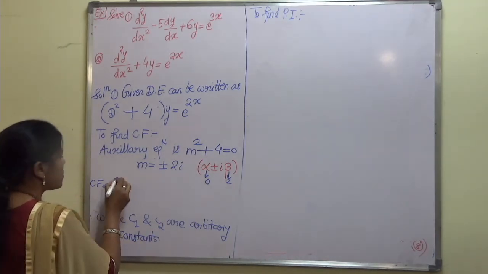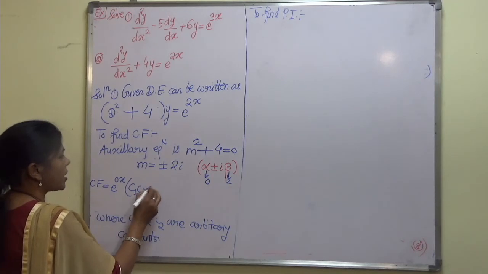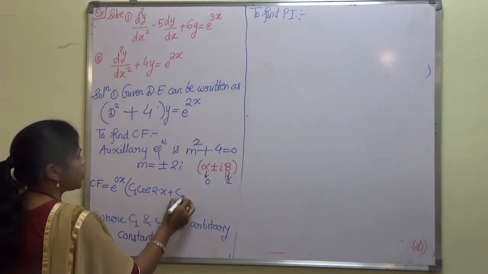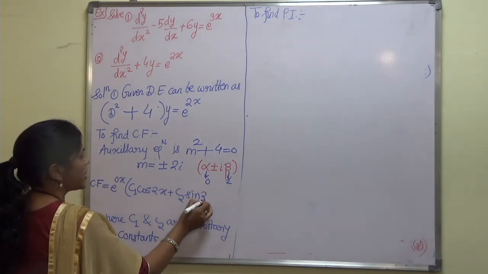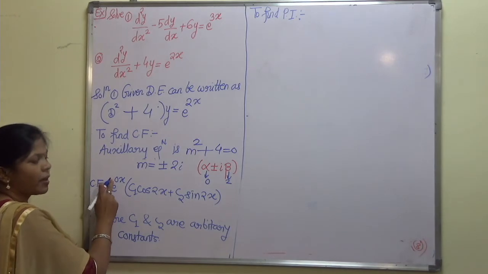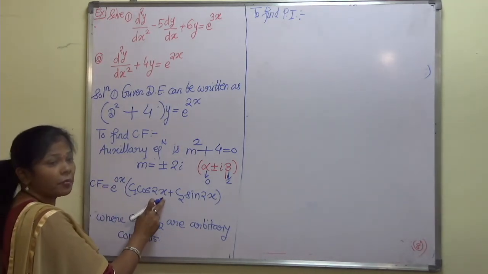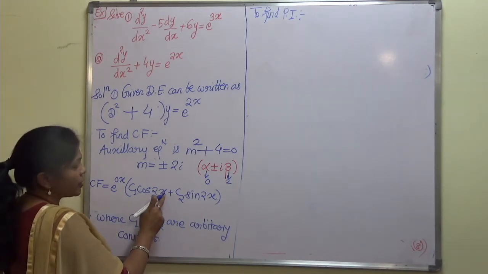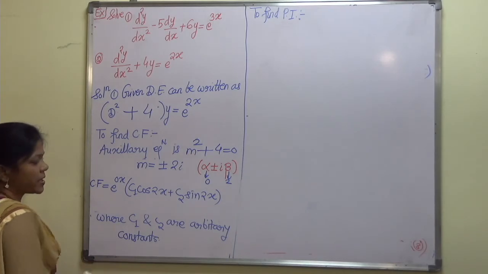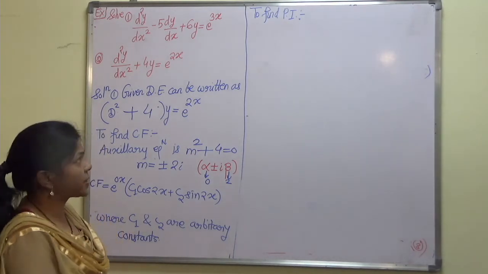Alpha is 0, so e raised to 0x, into c1 cos of beta x, beta is 2, so 2x, plus c2 sin of beta x, beta is again 2x. Right? Obviously c1 and c2 are arbitrary constants. Okay? I hope this is clear to you.